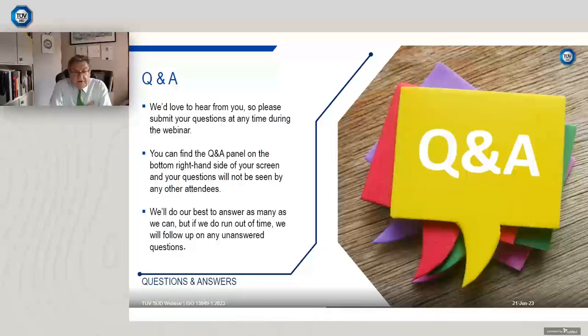The working group are now considering what should happen with 13849 part 2. We can't lose it. That's very, very important. In particular, the annexes of 13849 part 2 contain lots and lots of very valuable, very useful information, and there are lots of references to them from within 13849 part 1, including edition 4, of course. So the annexes must be retained.